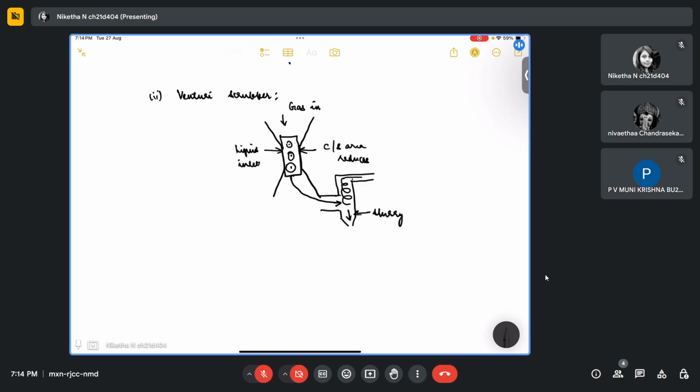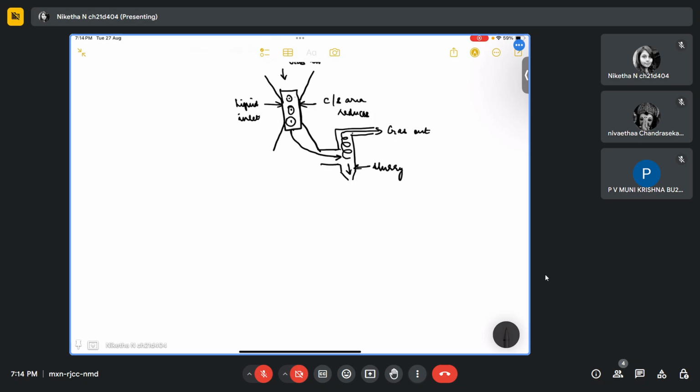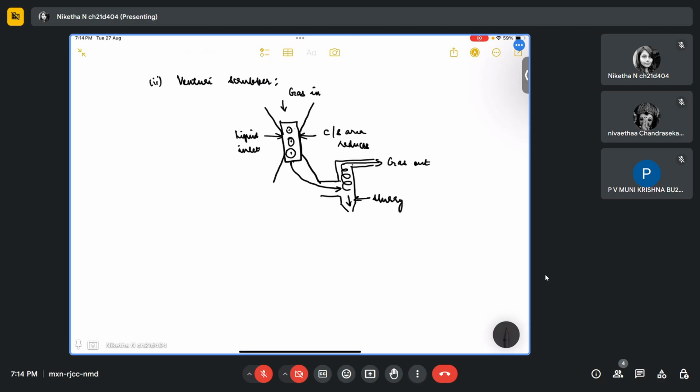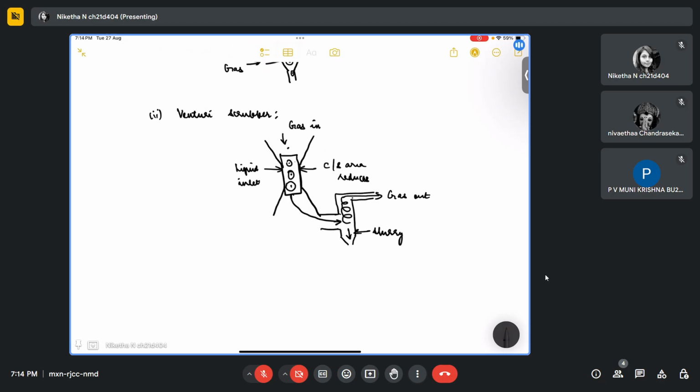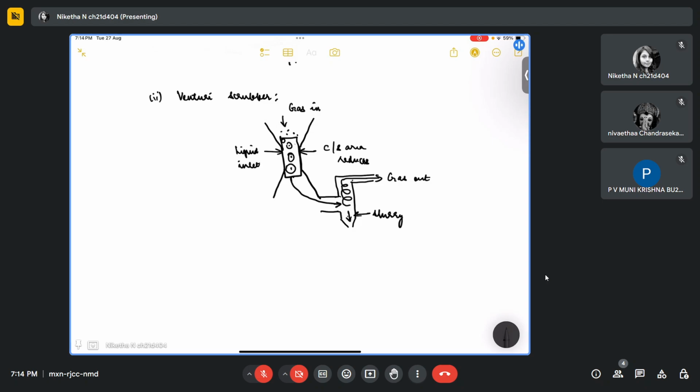Whatever gases are there will come out of the vortex. So when the particles and the liquid interact, the liquid will attract the particles and it will come down as a slurry, and whatever gases were there will form a vortex motion and come out.